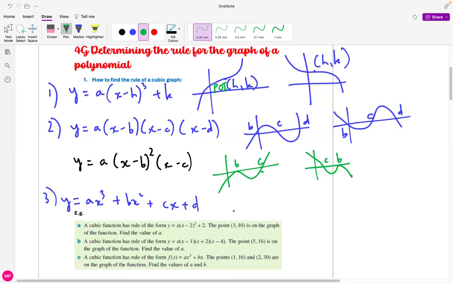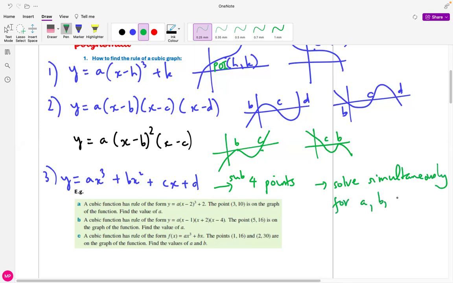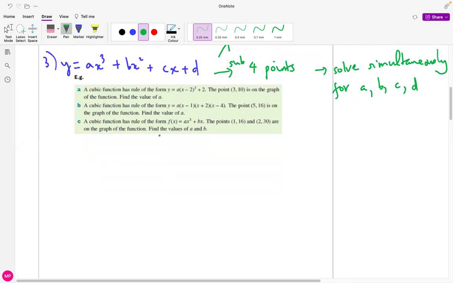Because we're talking about finding the rule of a cubic graph, use this form if you just know four random points. You're given four points, and all you do is substitute the four points into the equation, and then solve simultaneously for a, b, c, d. I'm going to show you how to do that on the calculator when we get to an example.